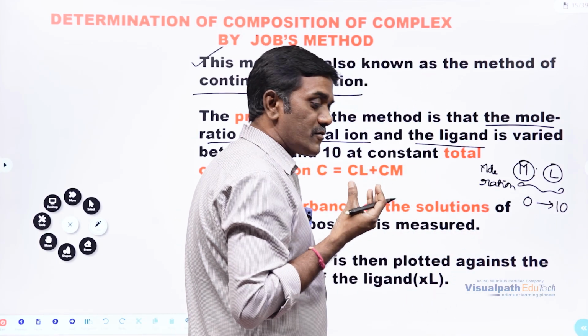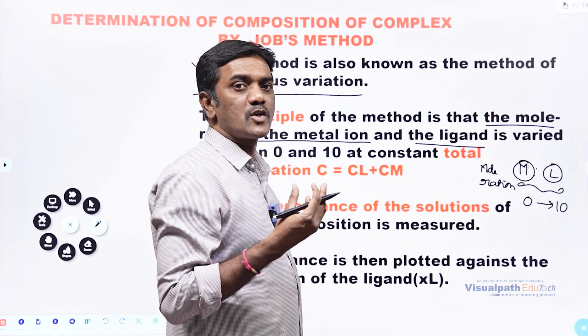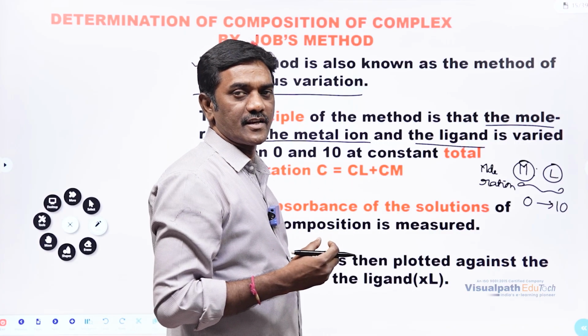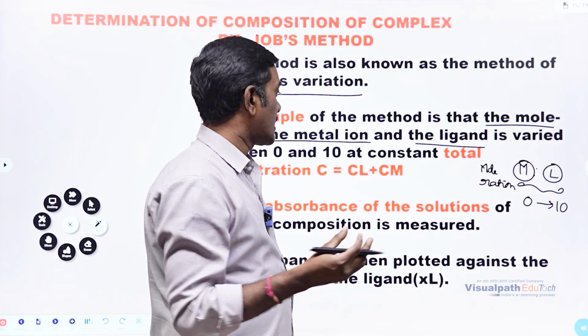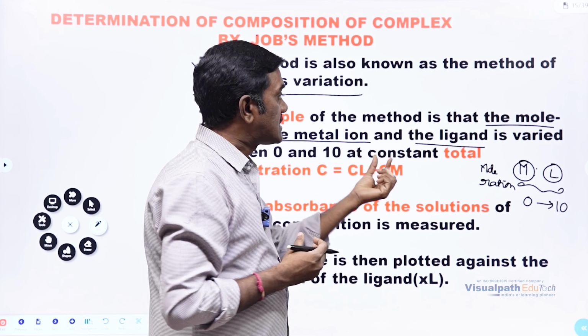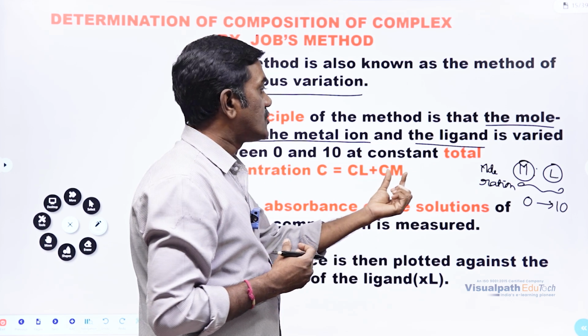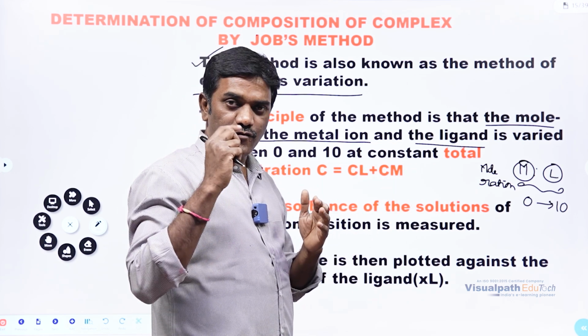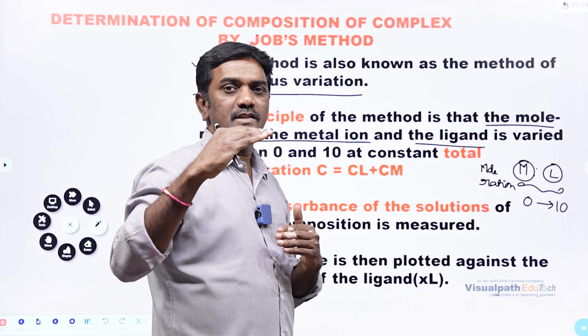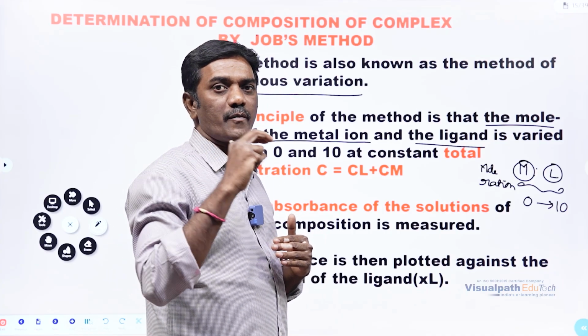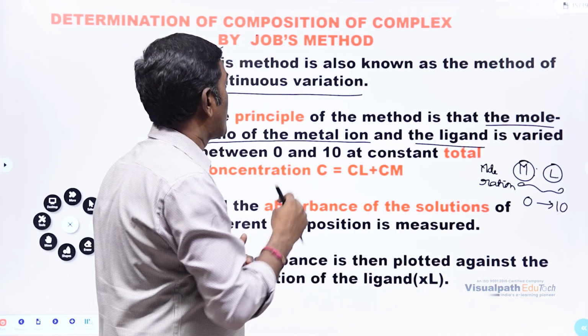While changing that mole ratio, we observe how the absorbance is changing, and we measure it. Whichever gives the maximum absorbance is the stable complex which is forming. That's what Job's method is going to tell.